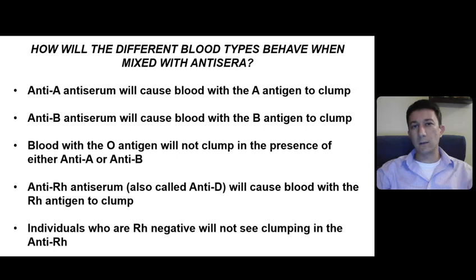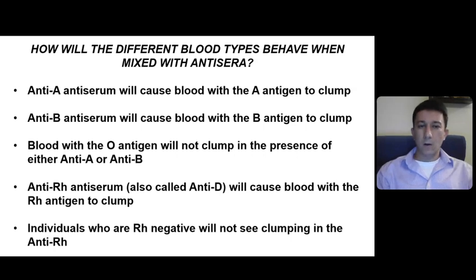And the anti-sera, or the anti-serum, which is singular, contains antibodies against specific blood types. And if the specific blood type is present that anti-serum will detect, then what will happen is the antibodies in that anti-serum will cause that particular blood type to clump together, so much like we would see with a transfusion reaction.